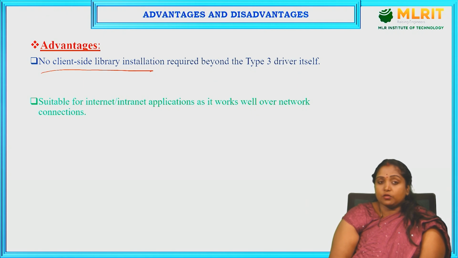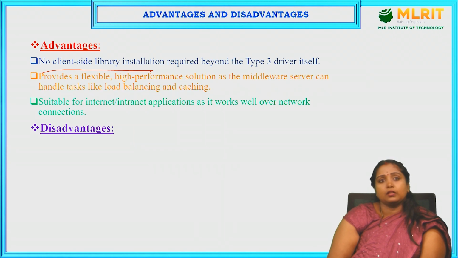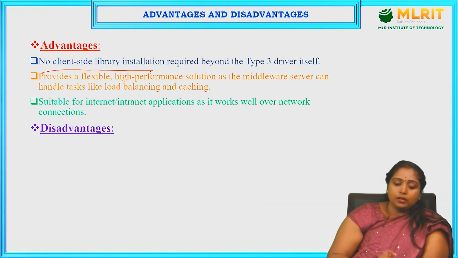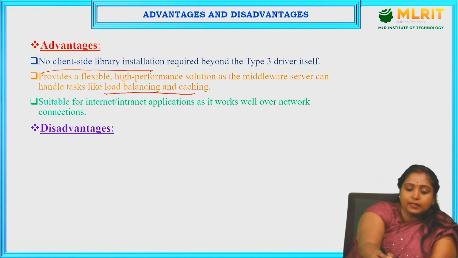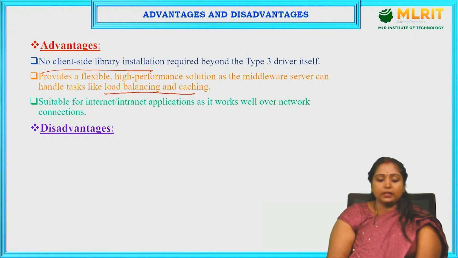But when it comes to offline use, it might be difficult. And one more advantage: it provides a flexible, high performance solution with a middleware server that can handle tasks like load balancing and caching. So it can lead to a high performance solution, as we are using the middleware services.